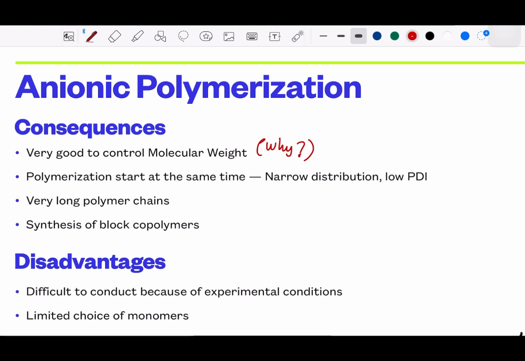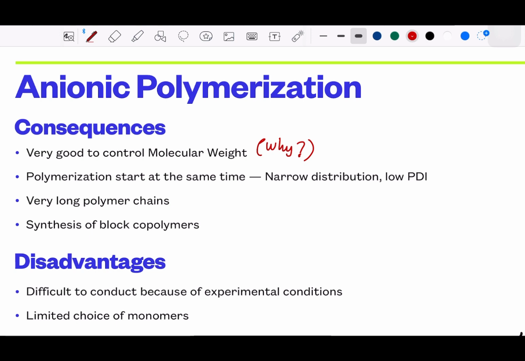In step growth, you can have really high conversions, like 99%. But for chain growth, sometimes 99% is really difficult to achieve because if you don't adjust your kinetics at the beginning, and it has already built the molecular weight, then you cannot do anything about it. But here, it says it's very good to control molecular weight.